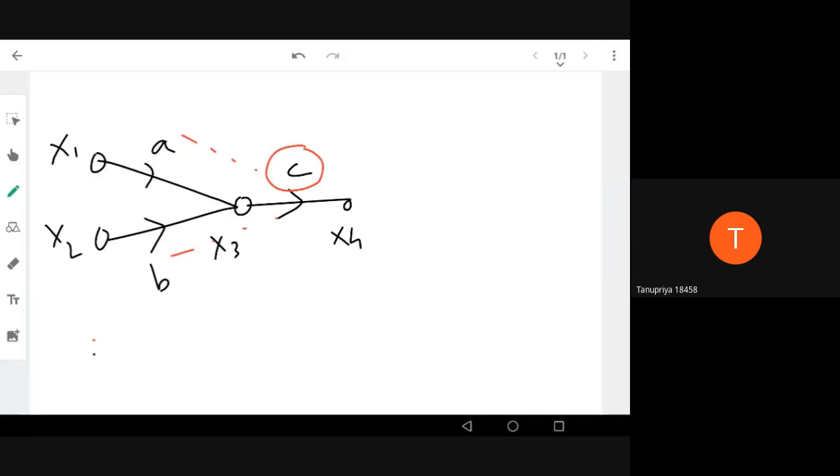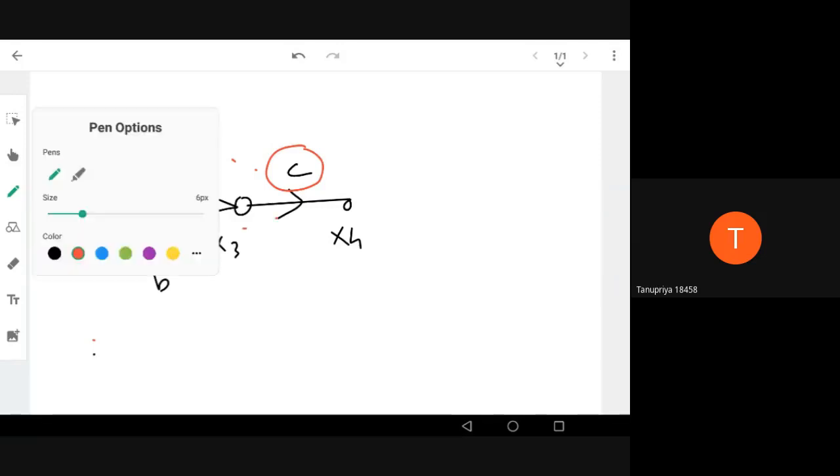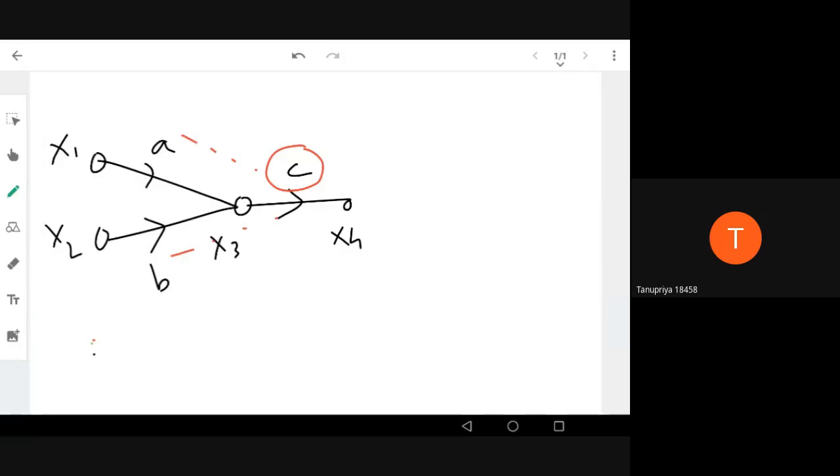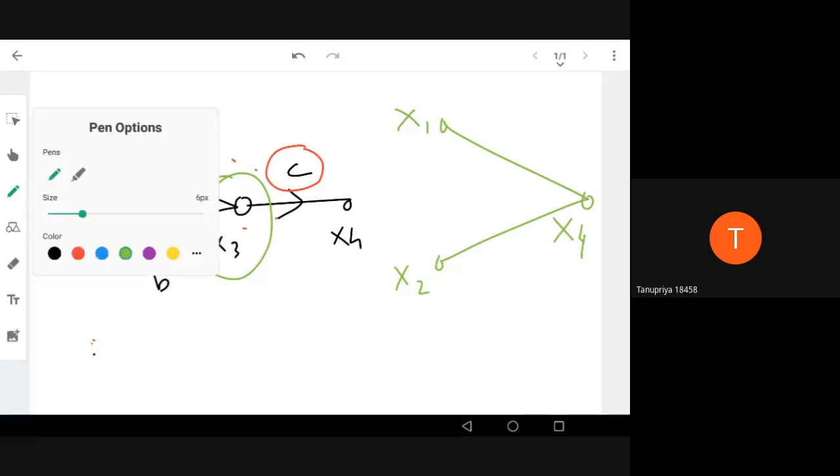Another way of representing the same thing: I have x1, I have x2, and I can eliminate the x3 node. So x1 goes directly to x4, which is another node. What is the gain when I eliminate the x3 node?